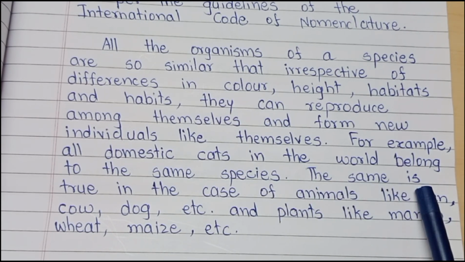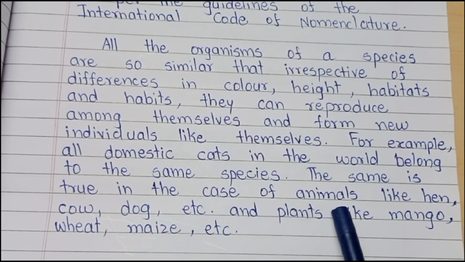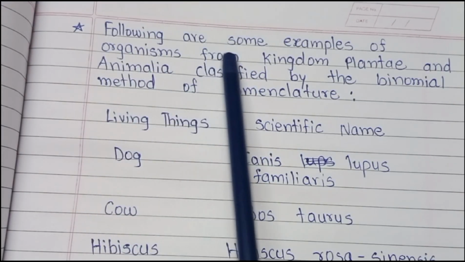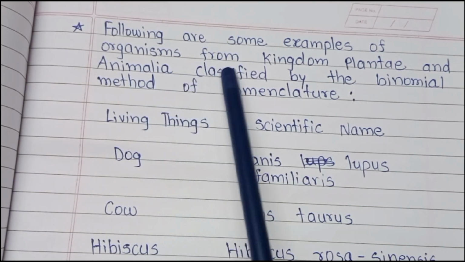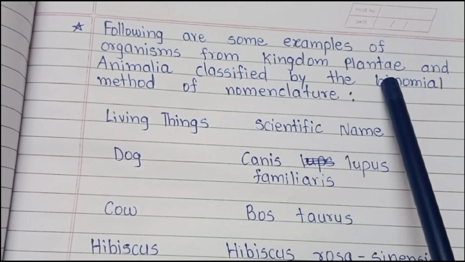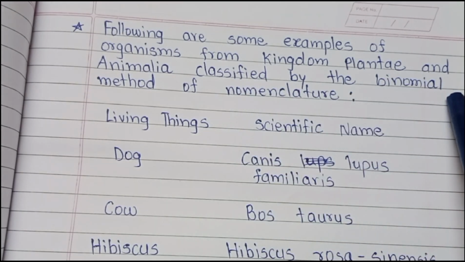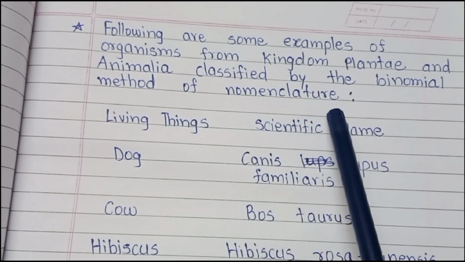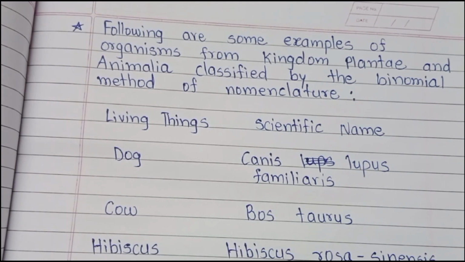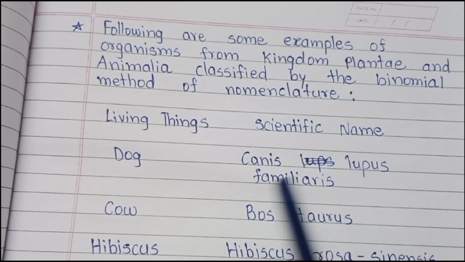The same is true in the case of animals like hen, cow, dog, etc., and plants like mango, wheat, maize, etc. Following are some examples of organisms from kingdom Plantae and Animalia classified by the binomial method of nomenclature. All these are living things and these are their scientific names.